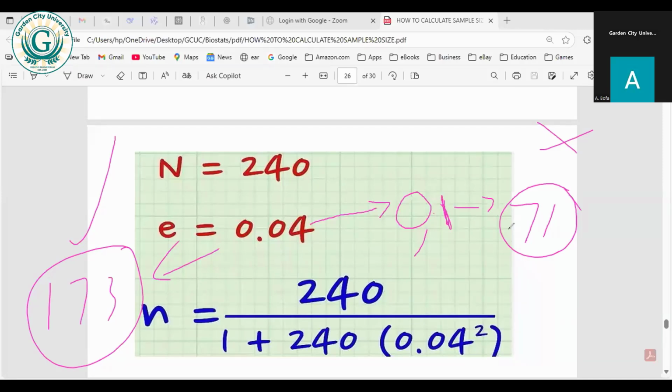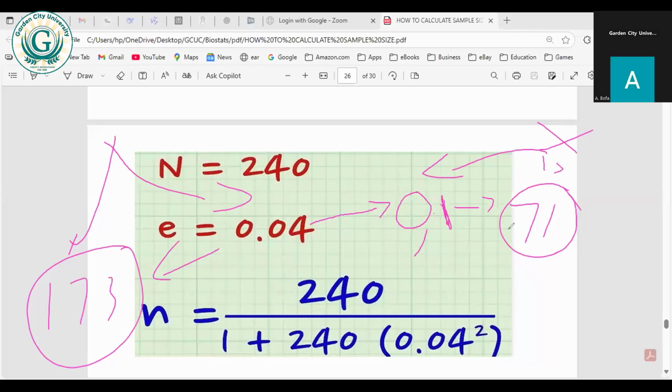So if you compare this first one and this second one, which one is larger? The first, the previous one. Good. And the error associated with it is what? The 0.04. Okay, now the error associated with this one is what? 0.1. So if we compare them, which one is more accurate? The previous one.